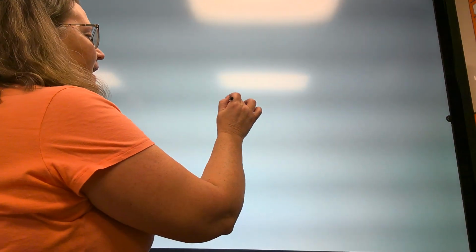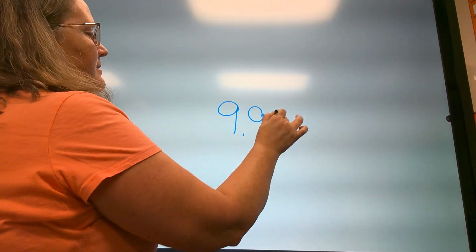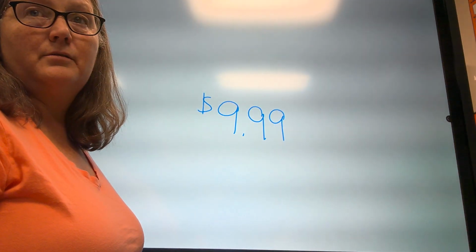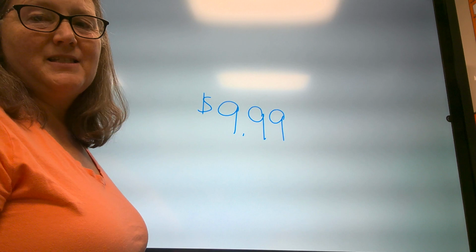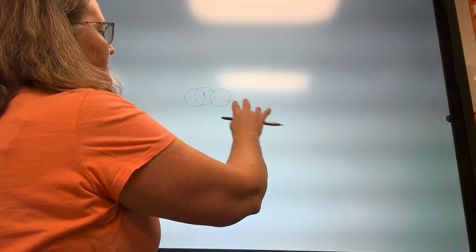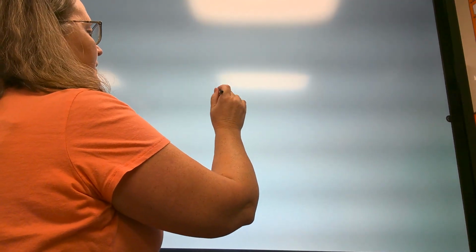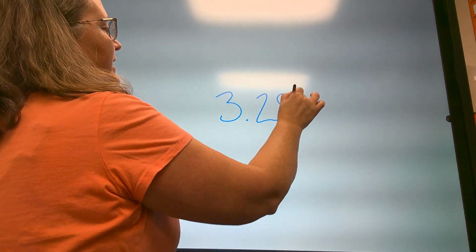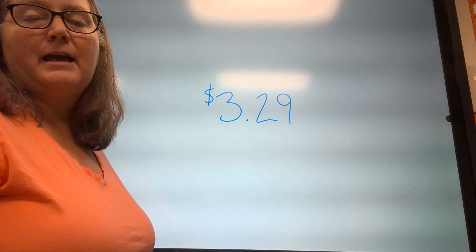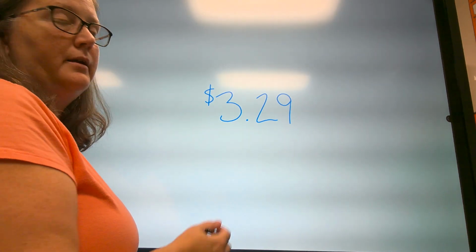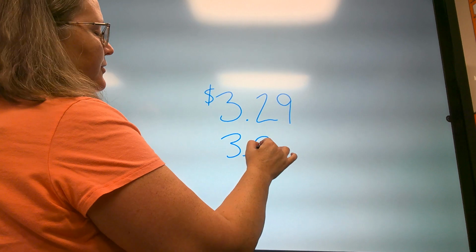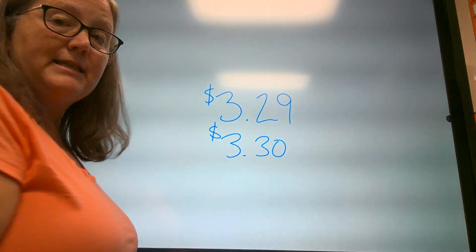Now, we don't always do compatible numbers. If I want to buy something and it costs $9.99, what am I going to round that to? $10. I'm going to say I spent $10 on it. If something costs $3.29, I might round that up to 25, a compatible number, or I could round it to $3.30.